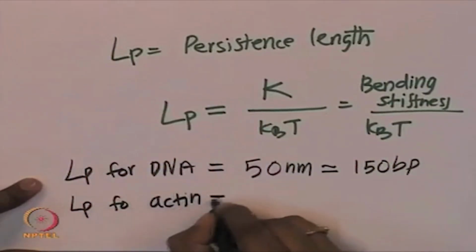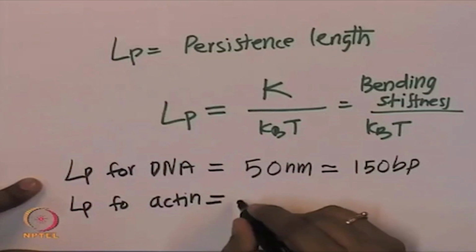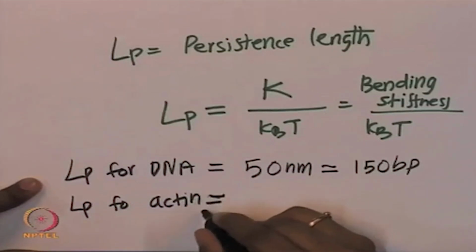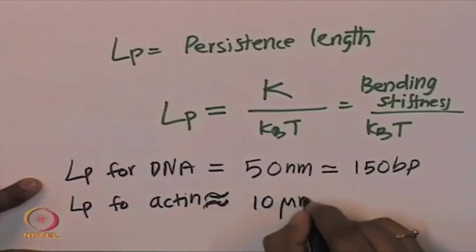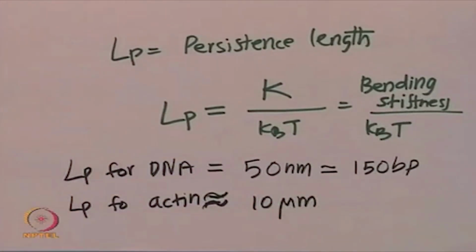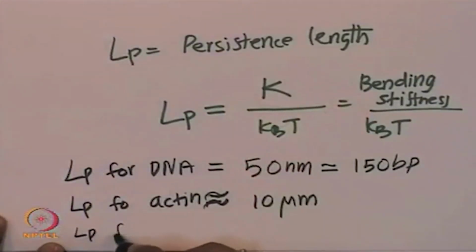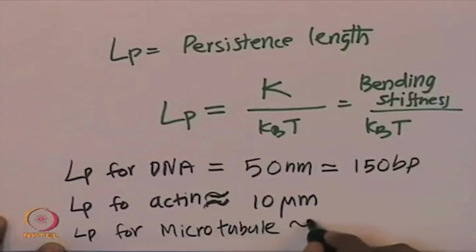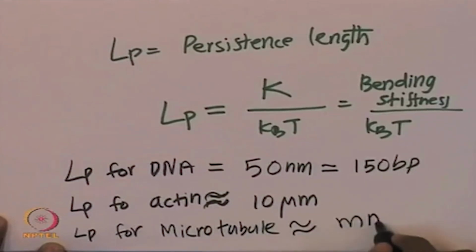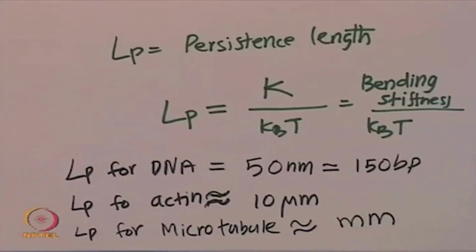turns out to be of the order of micrometer. For actin this is approximately equal to 10 micrometer. So, up to about 10 micrometer actin will be pretty stiff, and for microtubule this is of the order of millimeter, like 1000 micron.